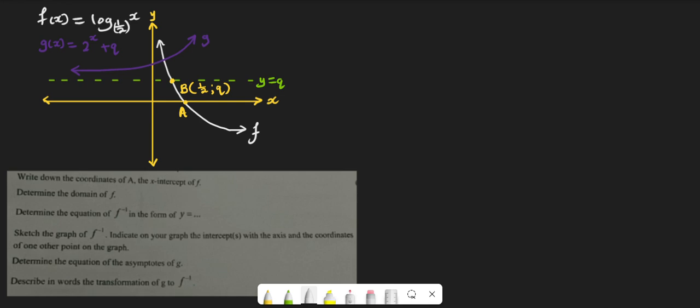So looking at that, we can rewrite our equation of f as y equals log x base half. And to find the x-intercept, we need to let y equal 0.